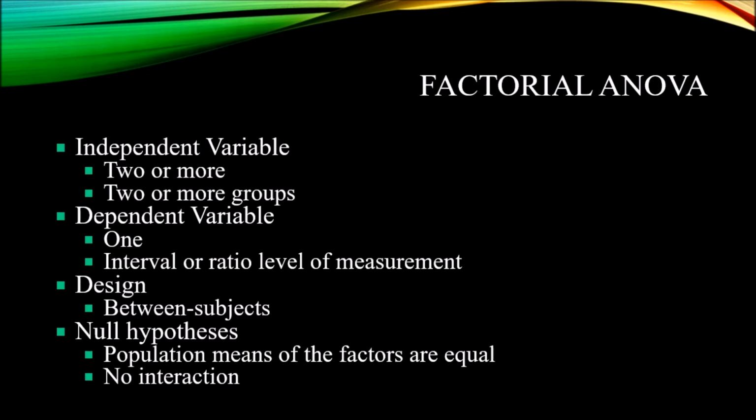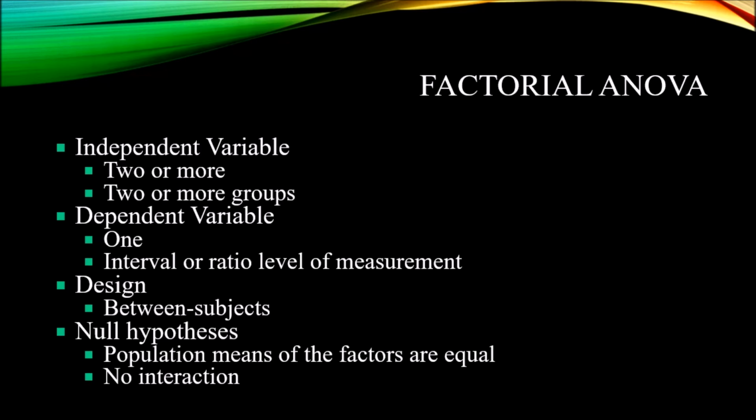So here you have 2 or more independent variables, and each of those independent variables can have 2 or more groups. An example, building on the prior example, would be one group that's CBT, psychodynamic, and treatment as usual. That's the treatment independent variable. And another independent variable that's gender, and that would have 2 levels, male and female.